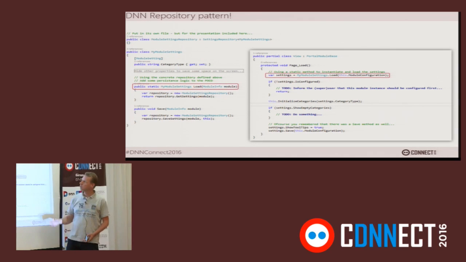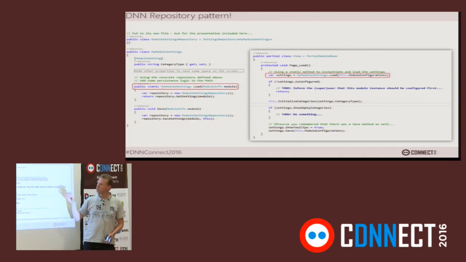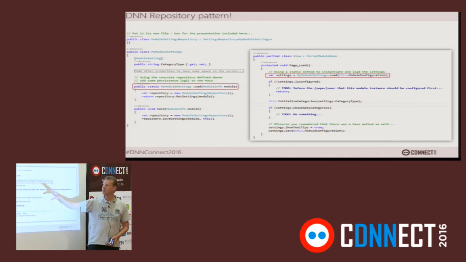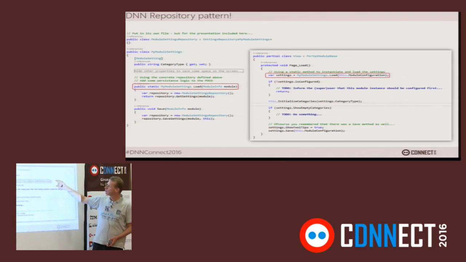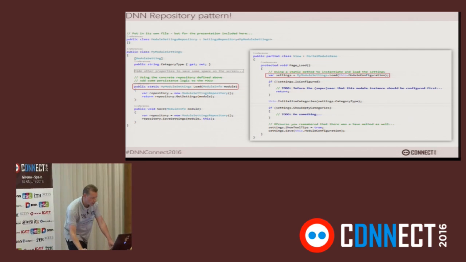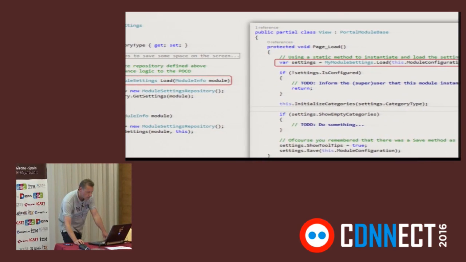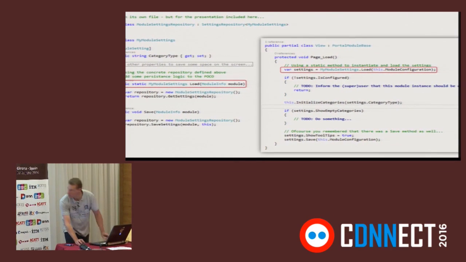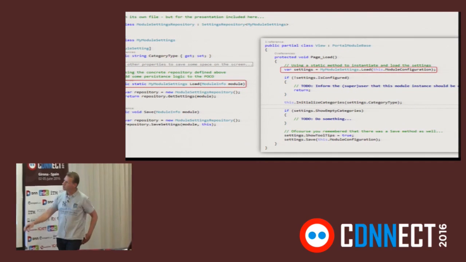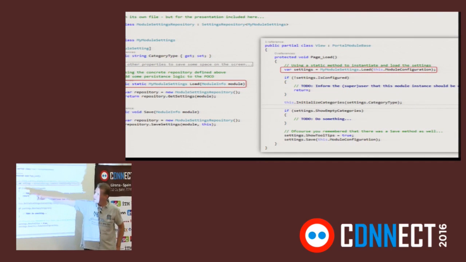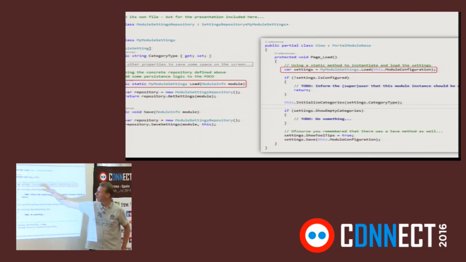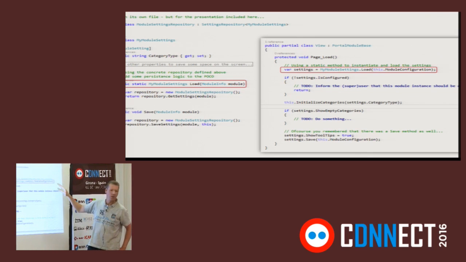There's a tendency to include the repository inside the module settings object, so that you can even further simplify the usage of the settings. Let me enlarge it a little bit again, although it does not really fit anymore. What you see here is that incorporating the repository in your POCO class even simplifies loading of the settings and afterwards using of the settings.